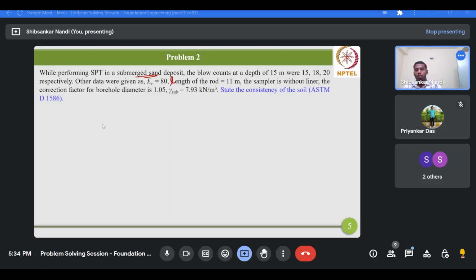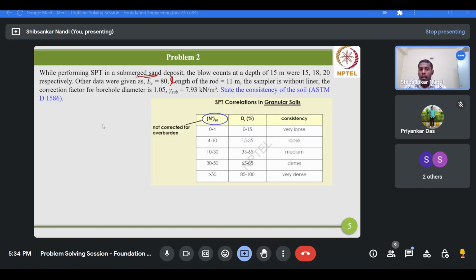You may come across this type of table in the lecture materials uploaded in week 2. In the first column, this is N prime 60, and please keep in mind that this N prime 60 is not accounting for the correction due to overburden. We'll see what N prime 60 is according to ASTM D1586.